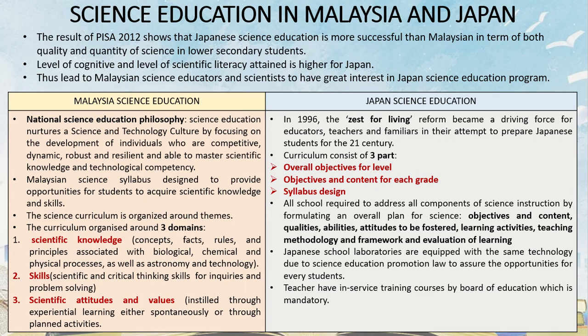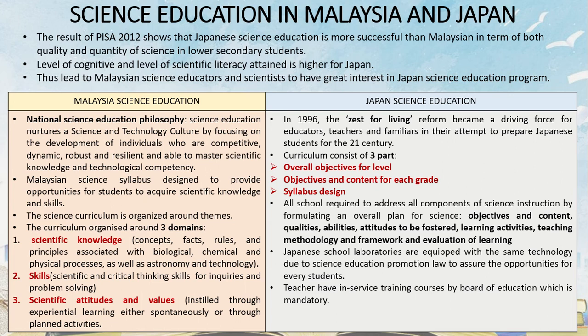Next, Japan's science education. In 1996, the Zest for Living reform became a driving force for educators, teachers, and families in their attempt to prepare Japanese students for the 21st century. The curriculum consists of three parts, which are the overall objective for each level, the objective and content for each grade, and syllabus design.